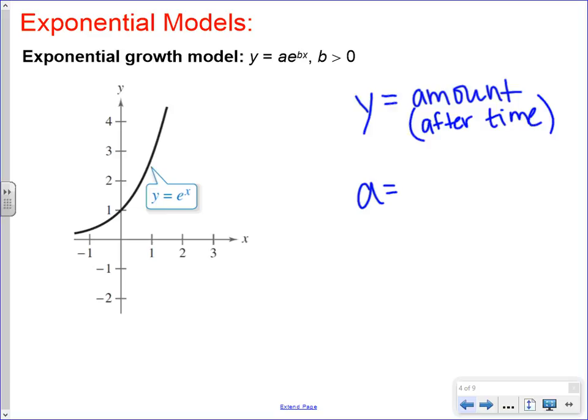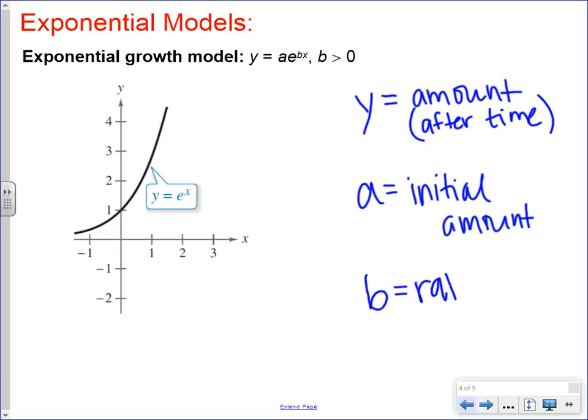A, what does A stand for? Initial amount. Good, initial amount. If you plug in 0, e to the 0 is 1, so that A, that coefficient, should always be your initial amount. And then B is going to be where your rate is, for both the exponential growth and the exponential decay models.